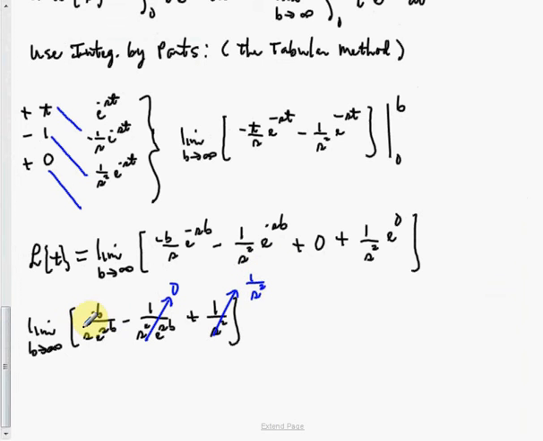All right? So for that first term, if you look at it and think about it, it looks like negative infinity over infinity. Right? It's negative infinity, because b is going to infinity times a negative. And then you get e to the sb as b goes to infinity. E to the infinity goes to infinity a whole lot quicker.